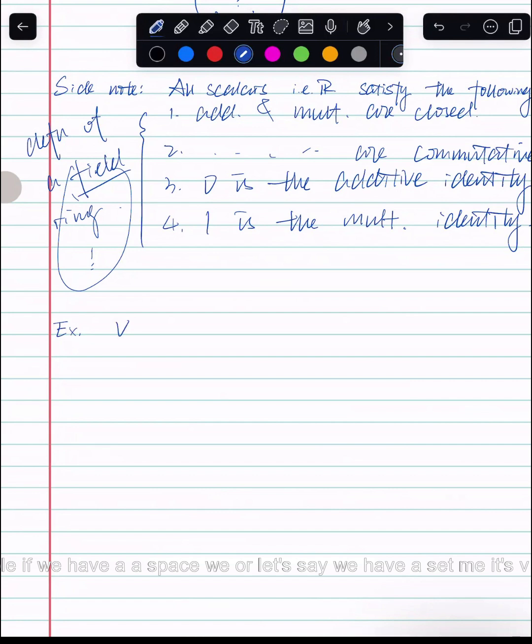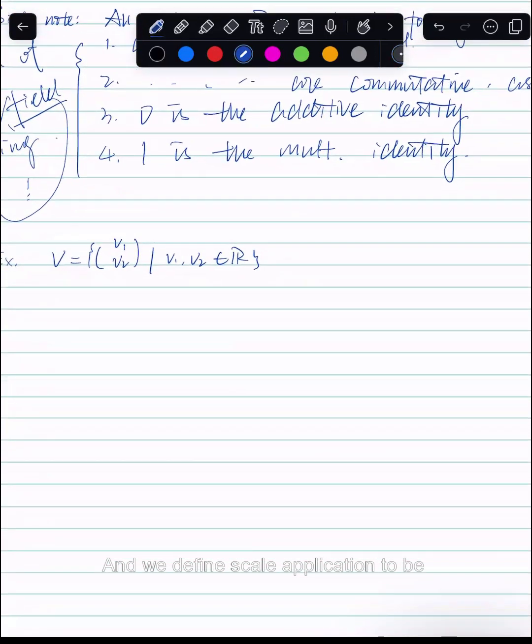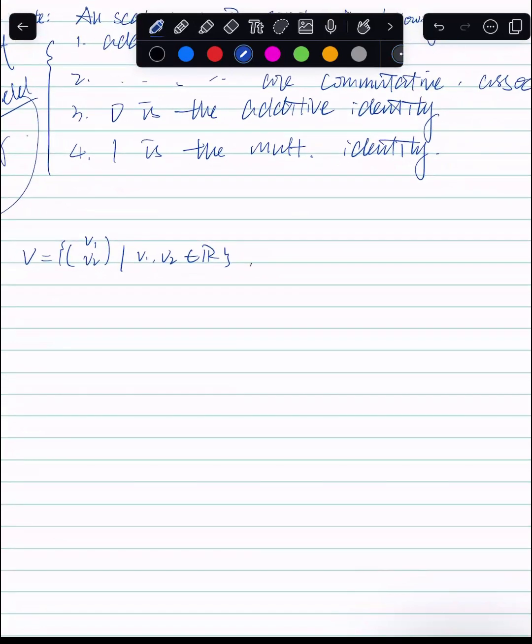Let's say we have a set V of pairs (v1, v2) where v1, v2 are in R. We define scalar multiplication to be alpha times (v1, v2) equals (alpha v1, alpha v2).